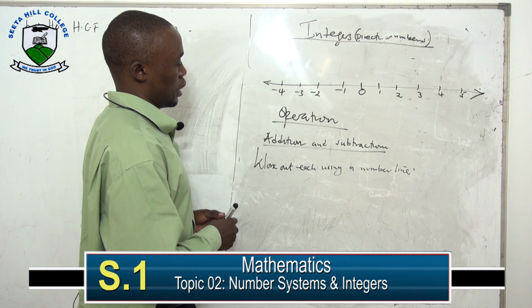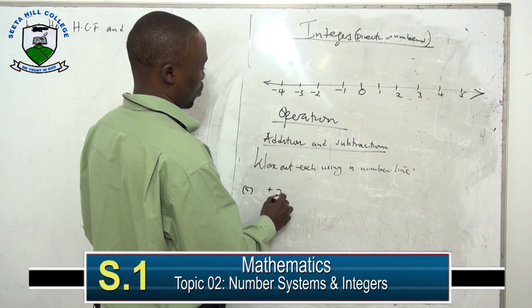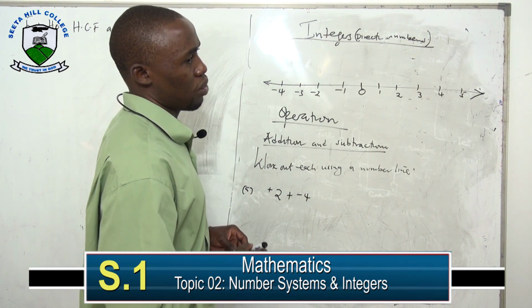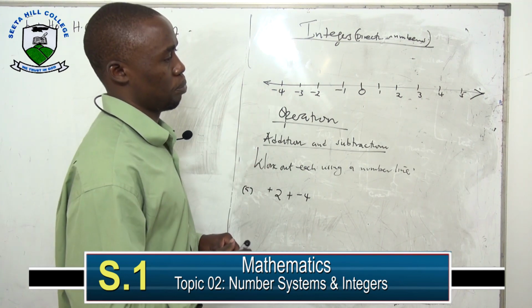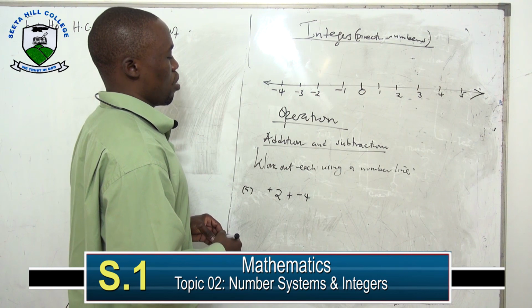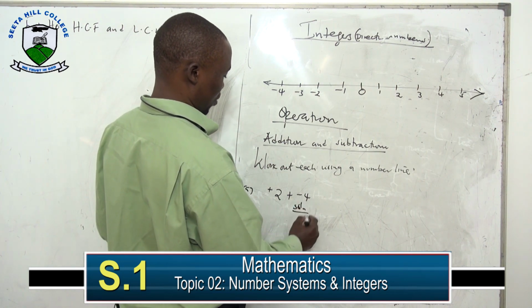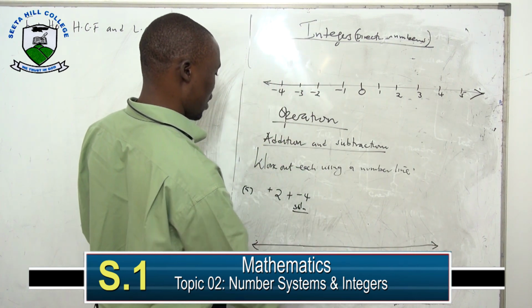Work out each using a number line. So, positive 2 plus negative 4. Now, negative value indicates opposite movement, not so? Our number line, of course, is a continuous line.